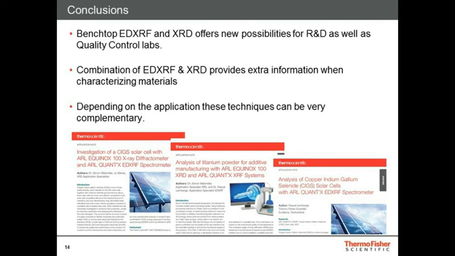The combination of EDXRF and XRD provides extra information when characterizing these materials, because you get very unique information on composition, thickness, and also the structural composition of your compounds. And depending on the application, these techniques are very complementary. So you get very complementary information.